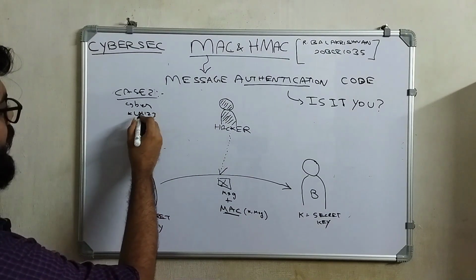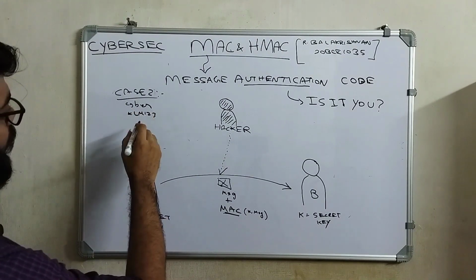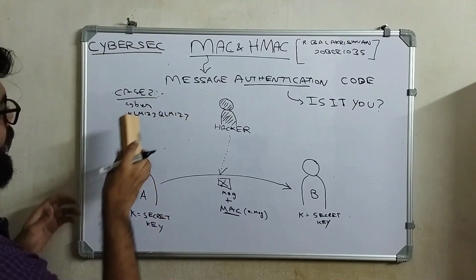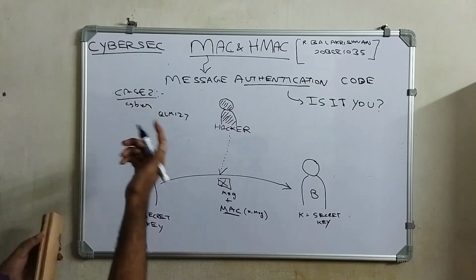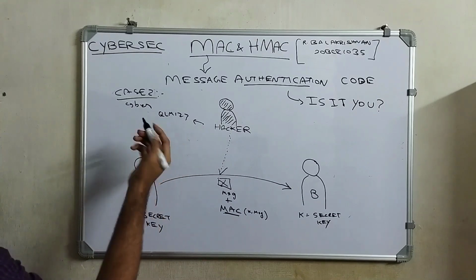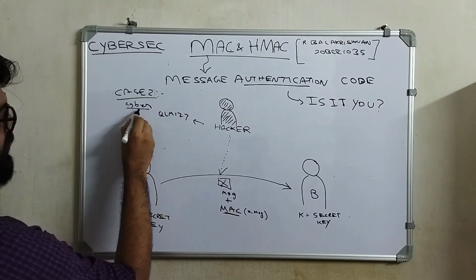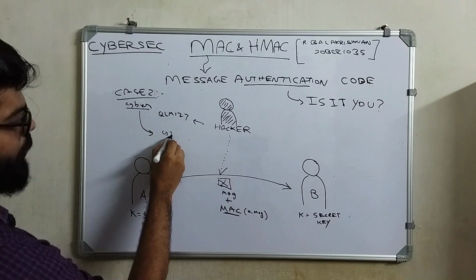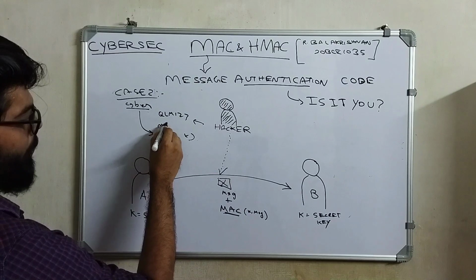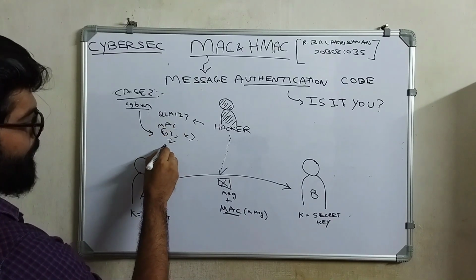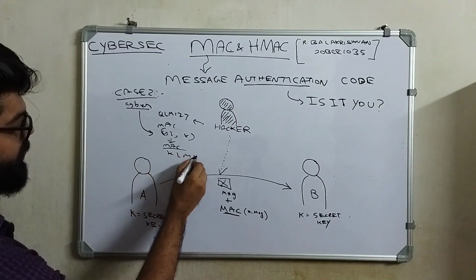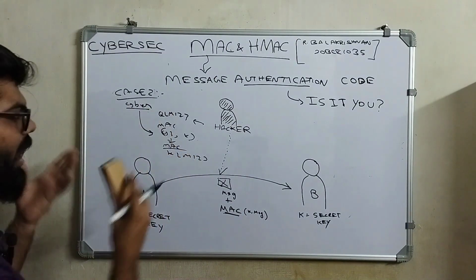Instead of KLM123, he makes it QLM123 and sends it. The message is not tampered with, so cyber and K, when input to the MAC function, return the MAC value KLM123. It will never match QLM123, so again we have identified it.